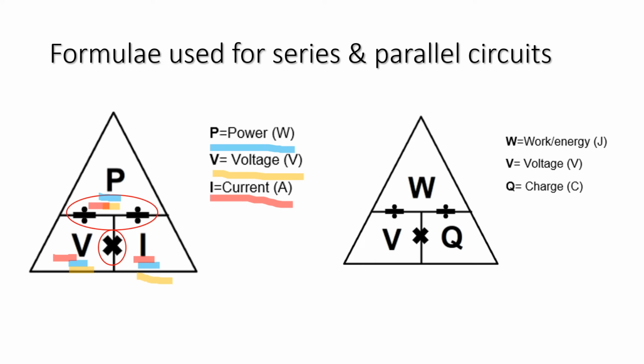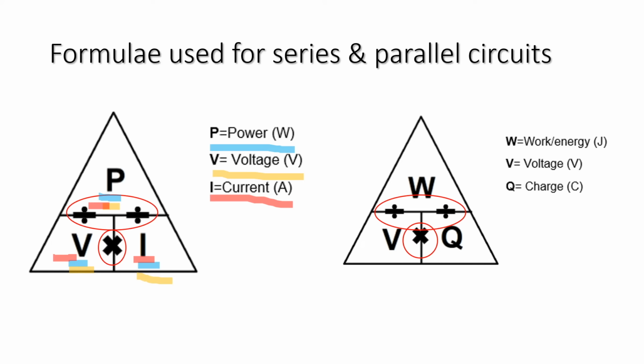Our fourth and final triangle, which you should familiarize yourself with this year, is our WVQ triangle, where W represents work or energy and it's measured in joules, V represents voltage and it's measured in volts, and Q represents charge and it's measured in coulombs. Again, same rule applies with our dividing and our multiplying.